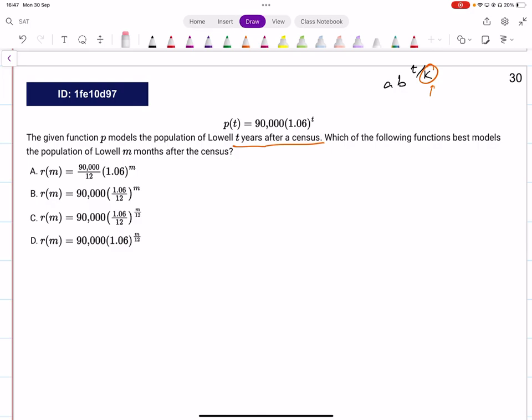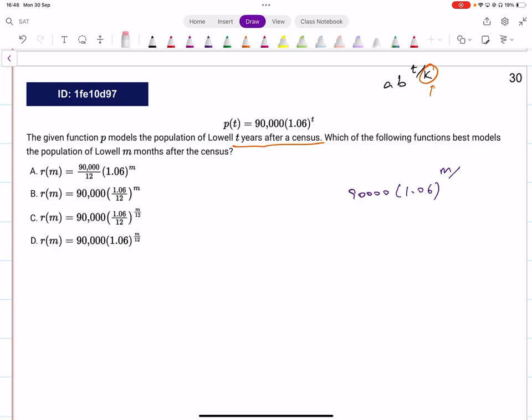If we have to write this in terms of number of months, how can we write that? 90,000, the initial value outside remains the same. Nothing changes with that. The factor remains the same as well. But now the variable is months. So we have m divided by the number of time units after which the population increases by this factor.